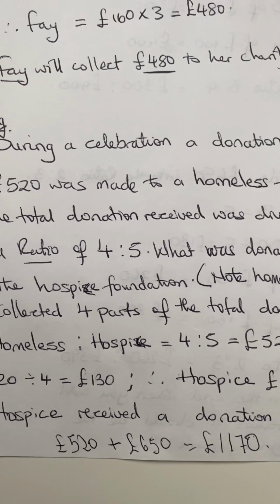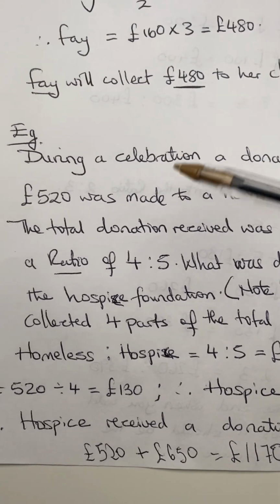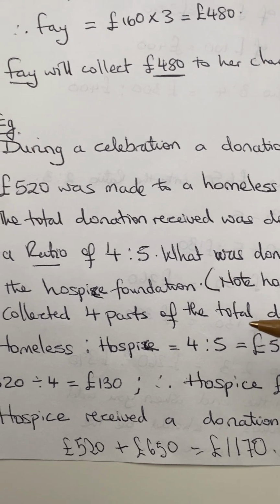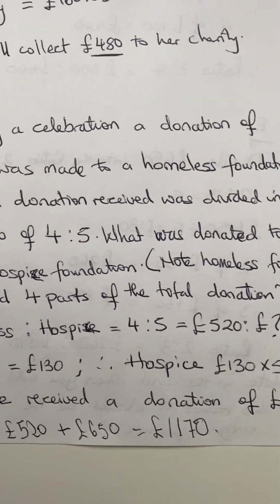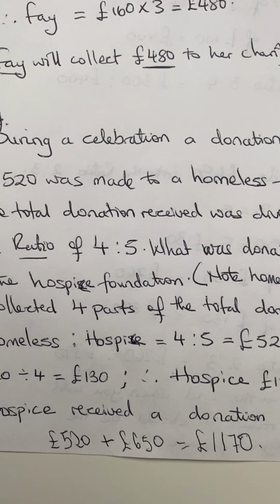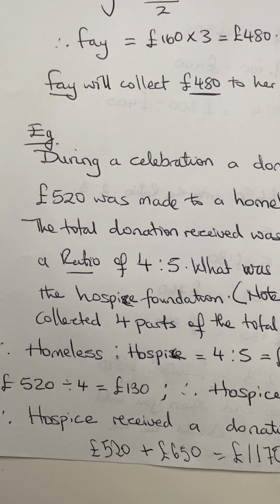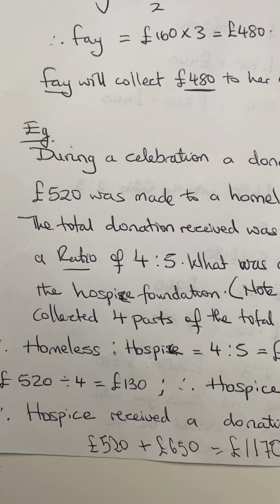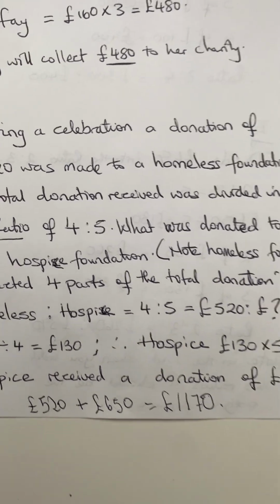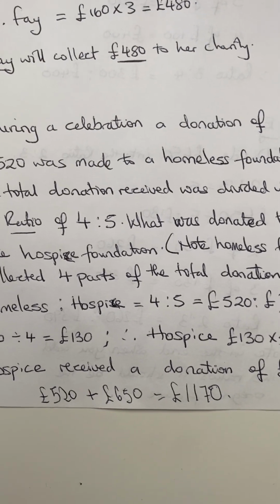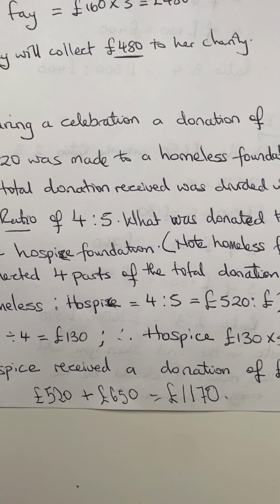But assuming this is a part A of a question, and they asked you to find 650, and they went on further to ask you to find how much was the total donation, then you shouldn't forget to add the 520 to 650. I hope I'm clear on that.